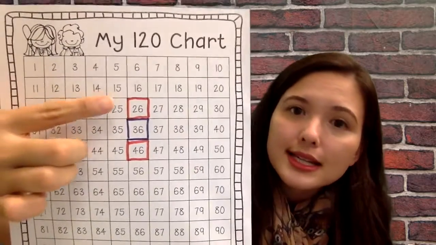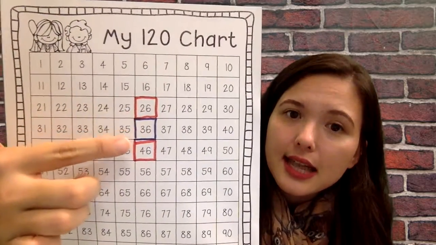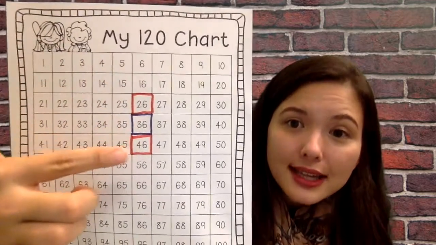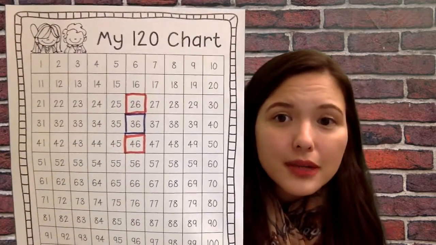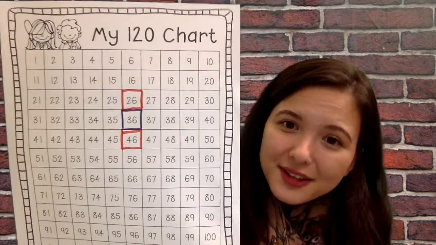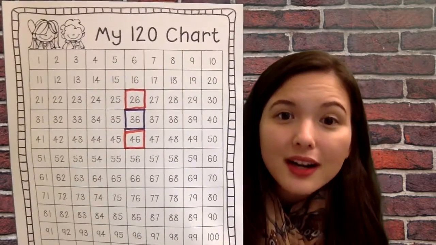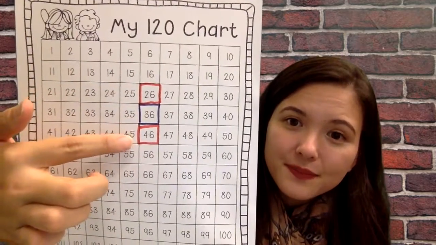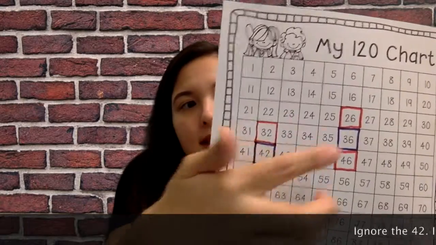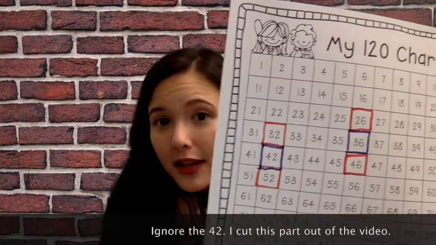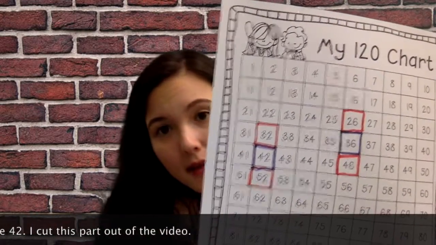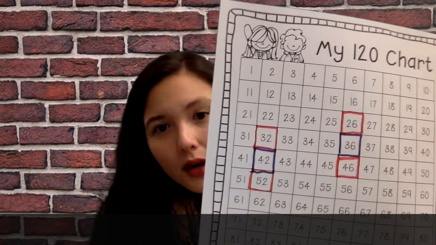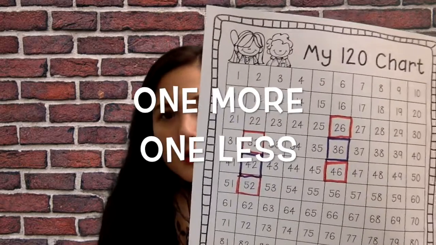We have a 26, a 36, and a 46. Okay. If you haven't made the connection already, what we were doing is changing the tens place value. If you were asking for 10 more, then the tens place value would change. So looking at these two numbers, we see that the tens place value changes when we ask for 10 more or 10 less.